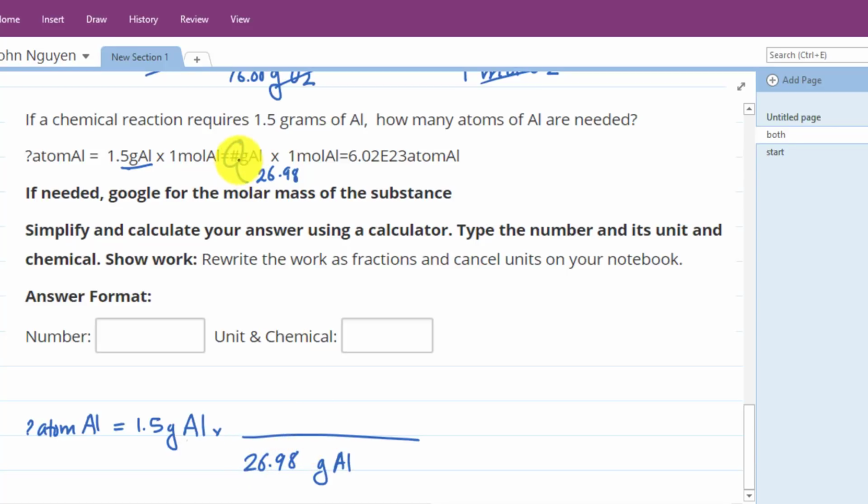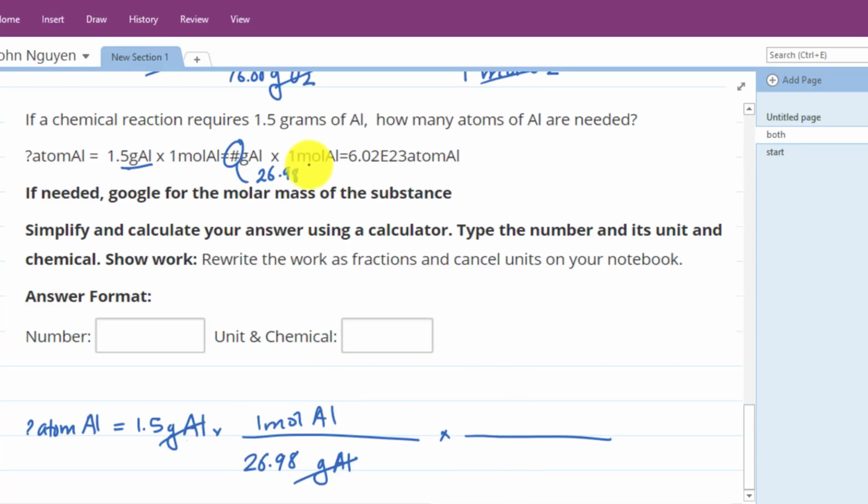And then if this is on the bottom, which is the denominator, the other part must be on top, the numerator, 1 mole of aluminum. And that cancels out. But that's not the end of the problem. We have to multiply by the next conversion factor. We have to continue multiplying all of the conversion factors. In this case, the previous numerator has moles of aluminum.